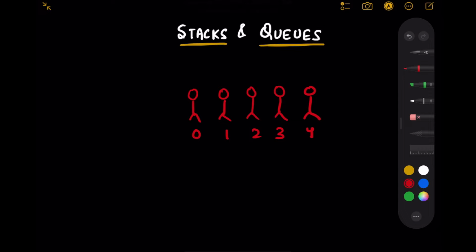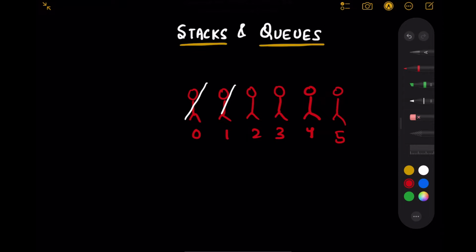And in a queue, the person in the front is always served first. So the order for person 0 will be fulfilled first, and person 0 will leave the queue. Similarly and subsequently, the order for person 1 will be fulfilled, and so on. And every time, all the other people remaining in the queue will move one step forward. Now, if at any time a new person wants to join the queue, they will always join at the back.